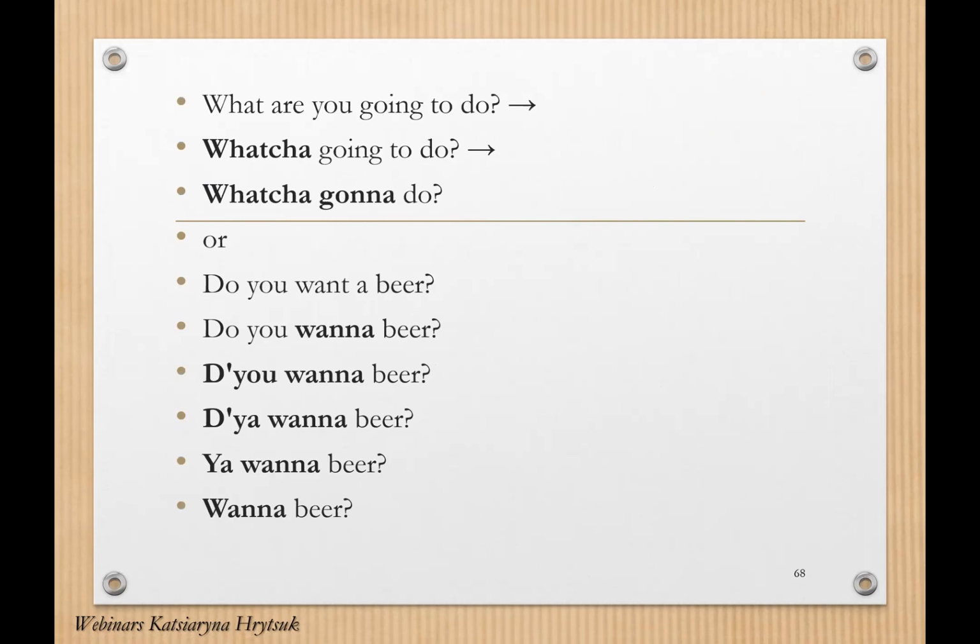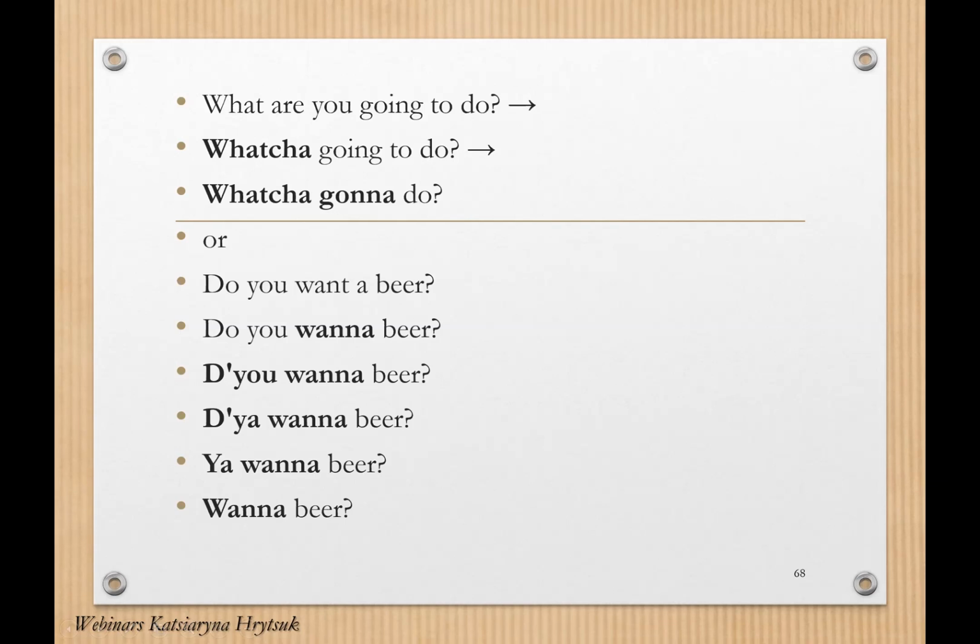What are you going to do? What you're going to do? What you're gonna do? You see? It's the same as "what are you going to do?" Vika, can you try these three examples?